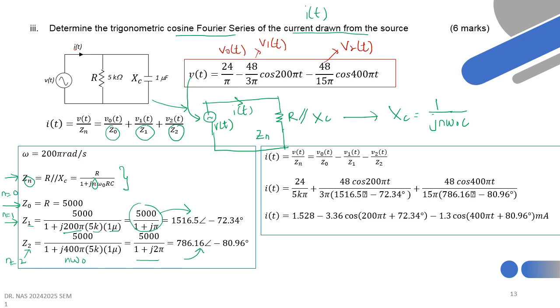Okay, so you need to divide with the impedance, the calculated impedance. So this is your V0, this is your V1, and this is your V2. So the final answer of the cosine Fourier series of IT, so this is in cosine form, the Fourier series of IT is this equation in milliampere.